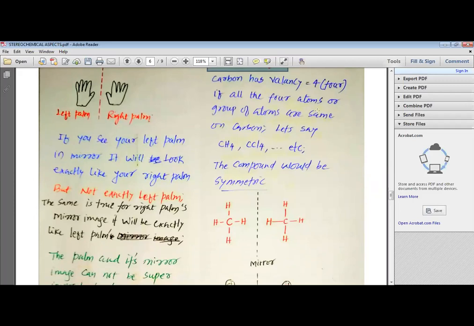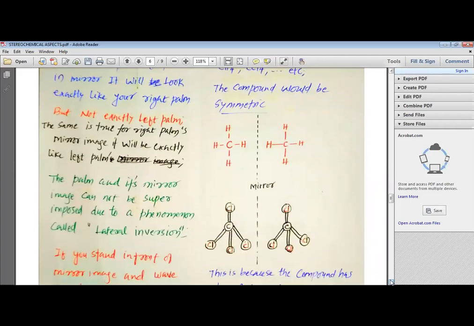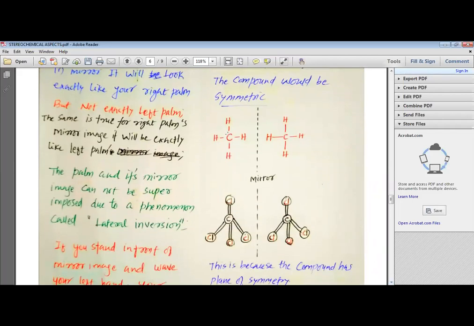If all the 4 atoms or groups of atoms on carbon are the same, let us say CH4 or CCl4, etc., the compound would be symmetric. You can see this. CH4, the mirror image is CH4.